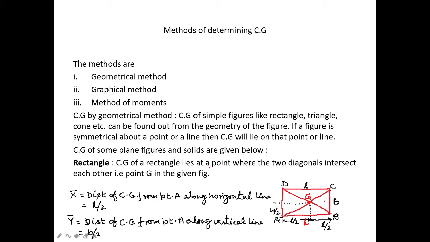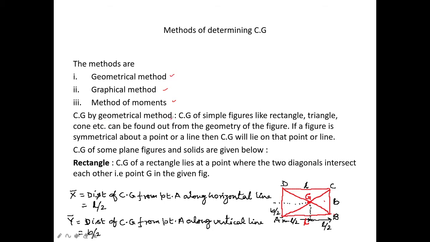Now methods of determining CG. There are methods of finding out the CG. Number one is the geometrical method. Number two is the graphical method, and number three is the method of moments. So this is the first method, the geometrical method.